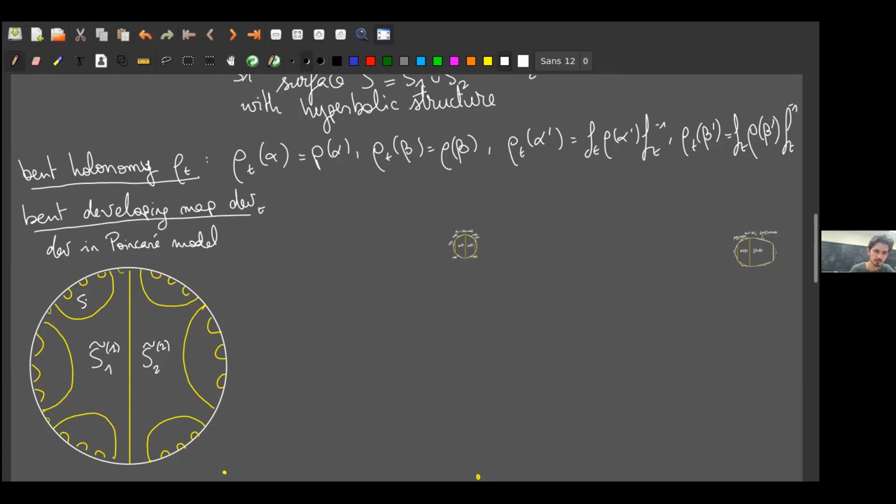Say S2, 2, like that, and likewise around each copy of S2 tilde, adjacent to it, we have many copies of S1 tilde.